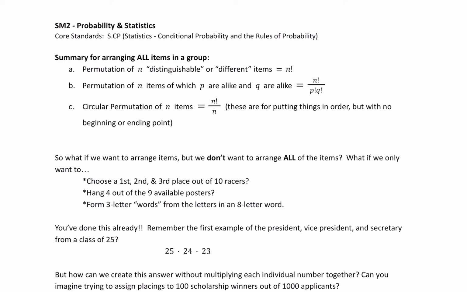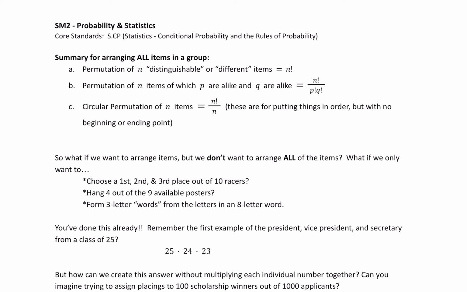Okay, now the second one, permutation of n items, which p are alike and q are alike, is n factorial divided by p factorial times q factorial. That's like our Arkansas example. Okay, and then the last one, a circular permutation of n events, is n factorial divided by n. Just like our 7 people, we did 7 factorial divided by 7.